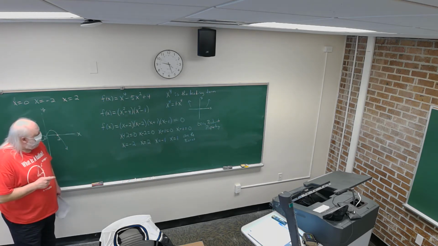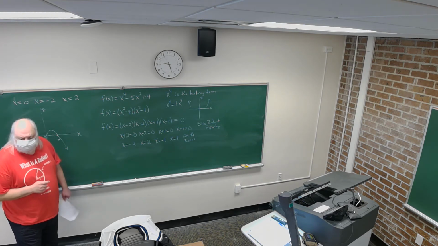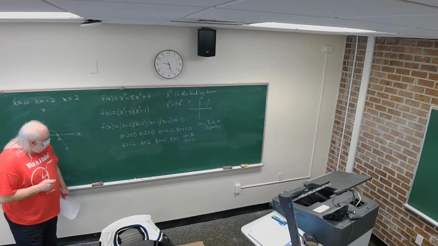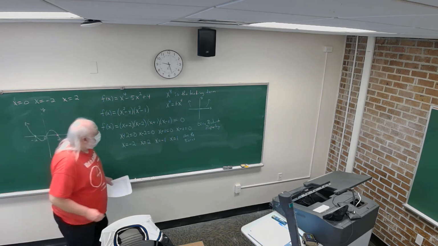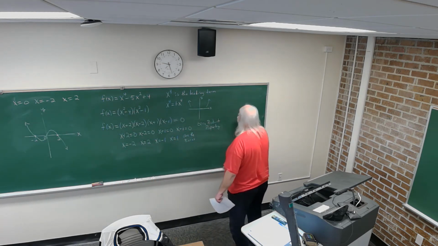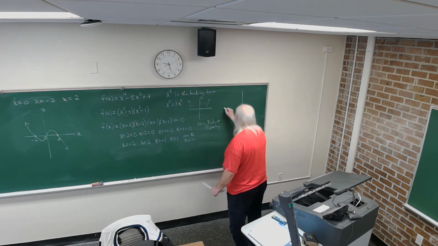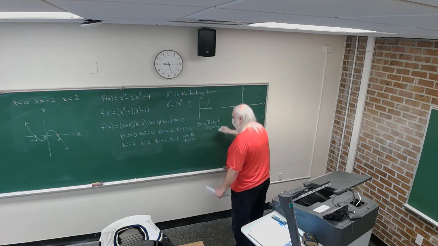It's where the graph crosses or touches the x-axis. So let's plot the x-intercepts.